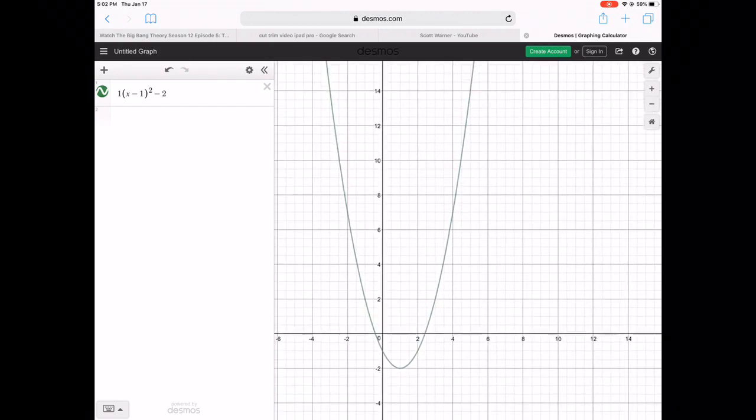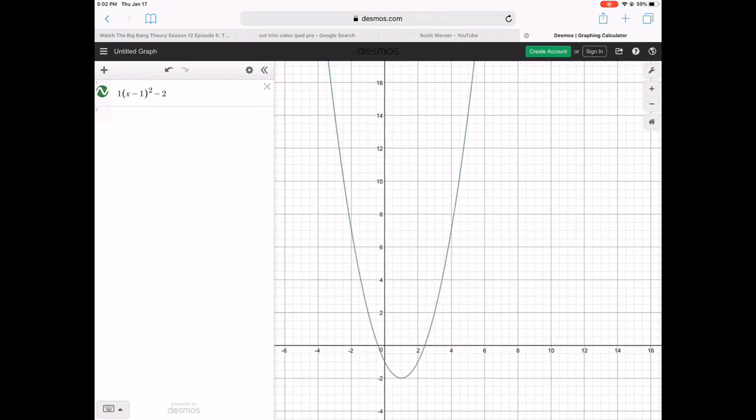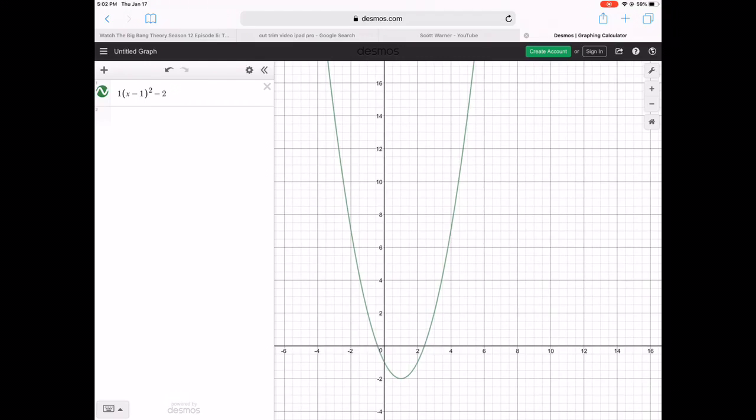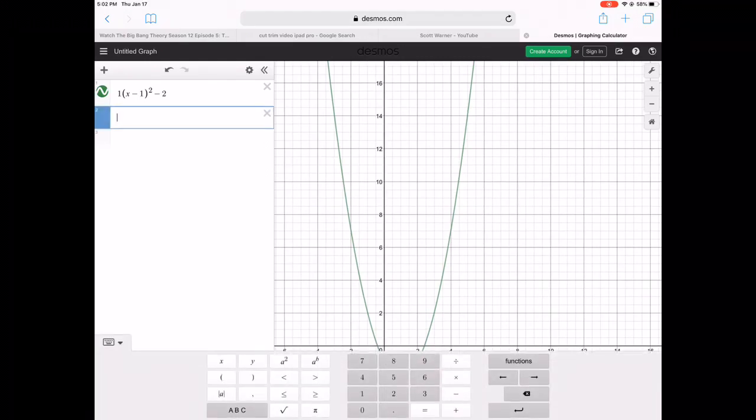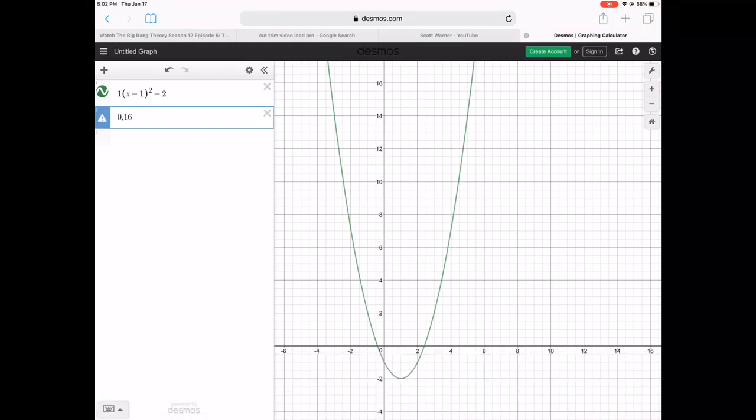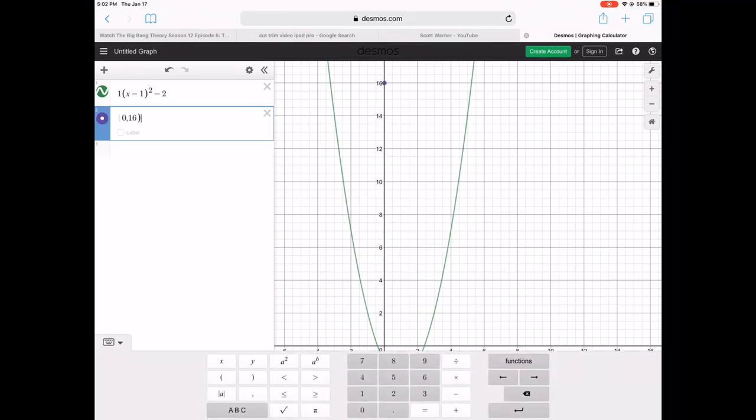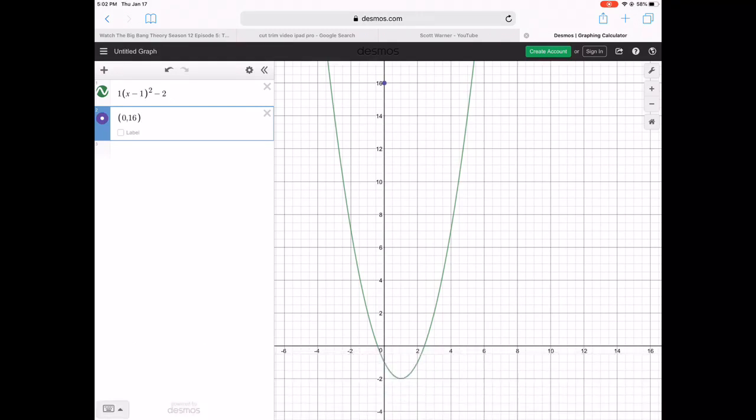I'll make a point: (0, 16). And I think you need to have it in parentheses. Okay, so there's our point. But we need to make sure that it is in the right spot.